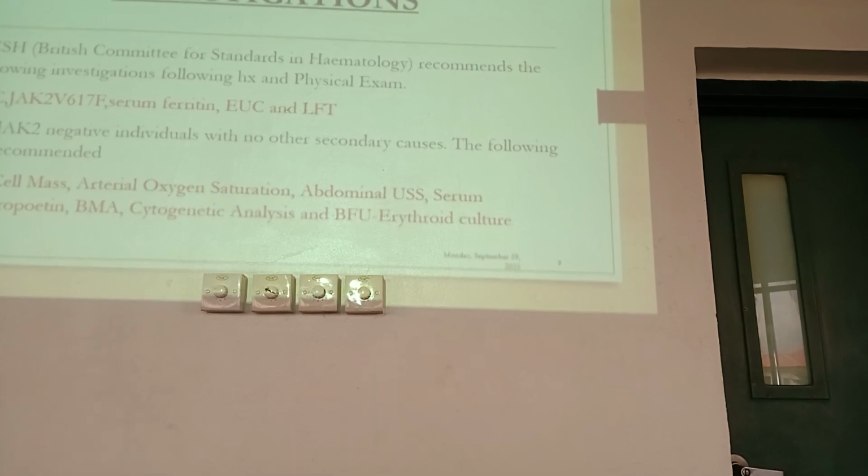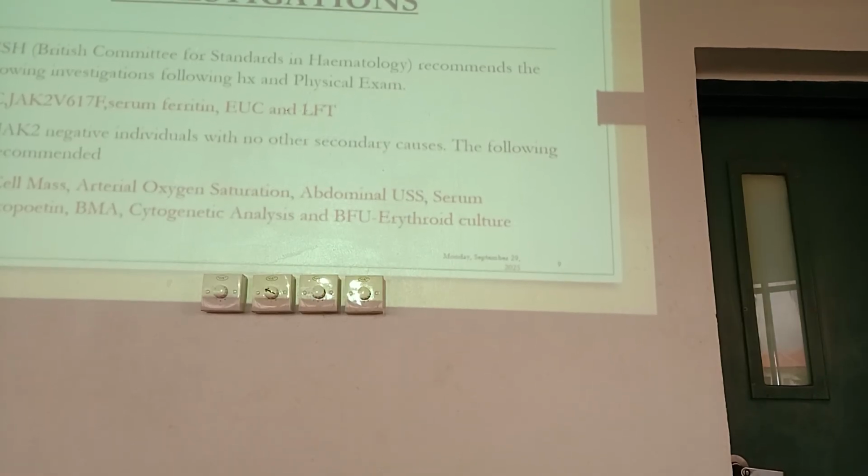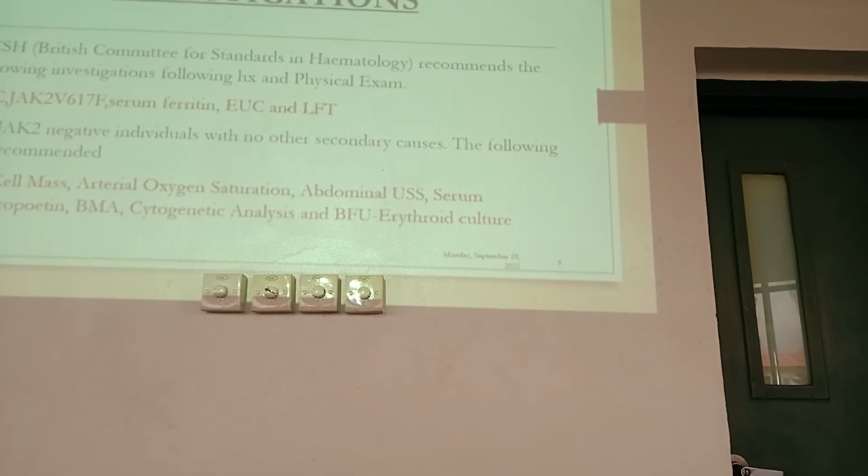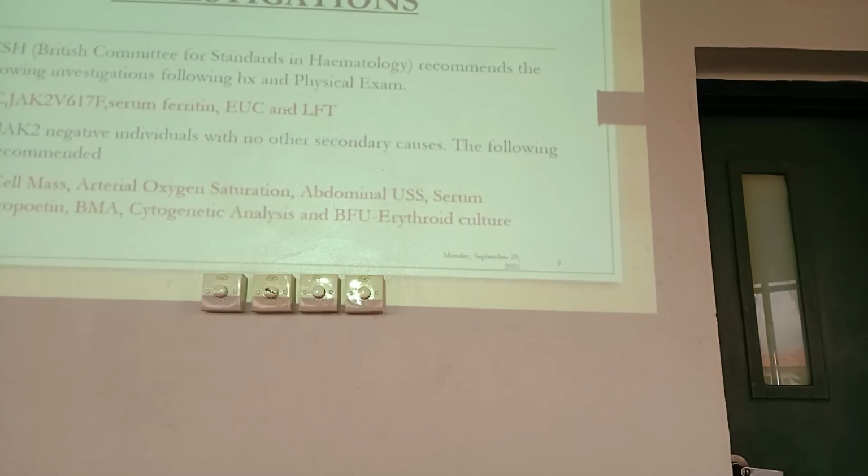I'm going to list the minor and the major for you, so that it will make more sense to you. So you've gotten the criteria for diagnosis: 1 and 2 plus 3 or 4, or if 3 and 4 are not there, 1 and 2 plus 2 minor.